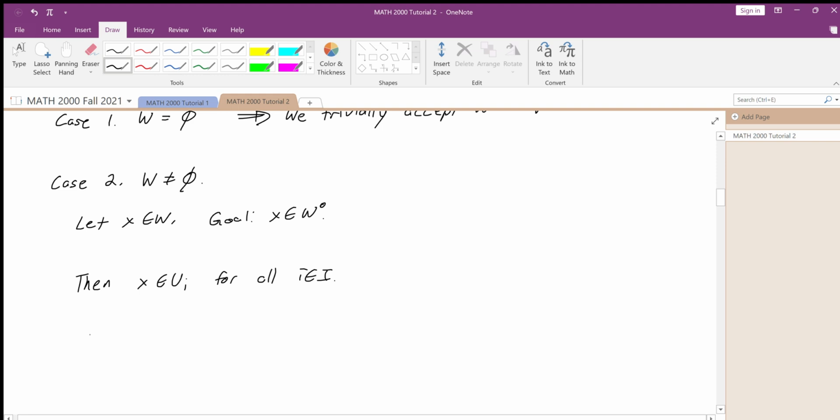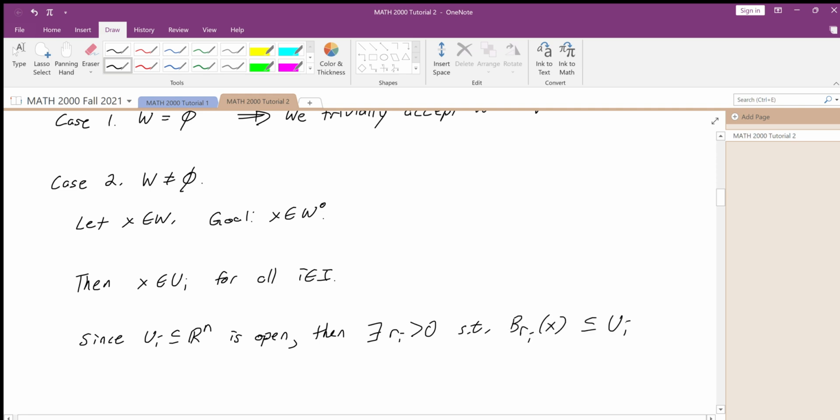And we recall the UIs are open. They're open subsets of Rn. So if X is an element of UI and UI is open, then it's inside the interior. So there is a radius Ri such that the ball of radius Ri around X is contained in UI.